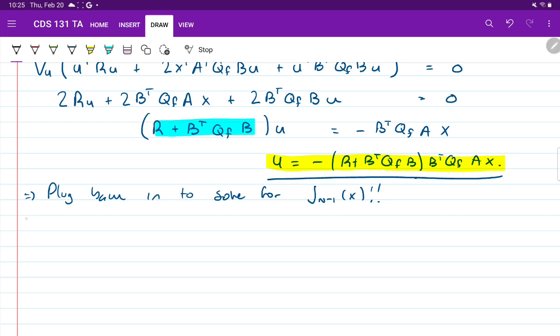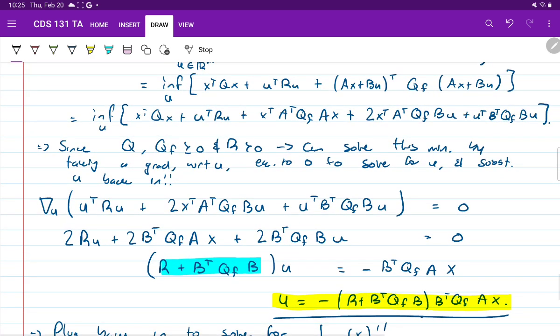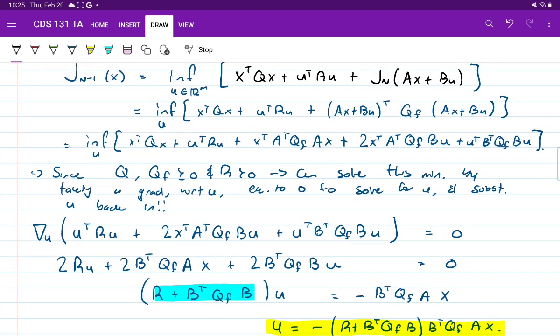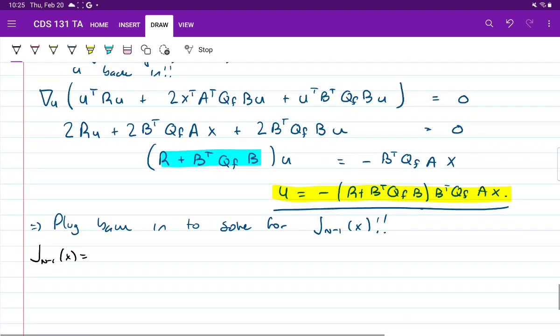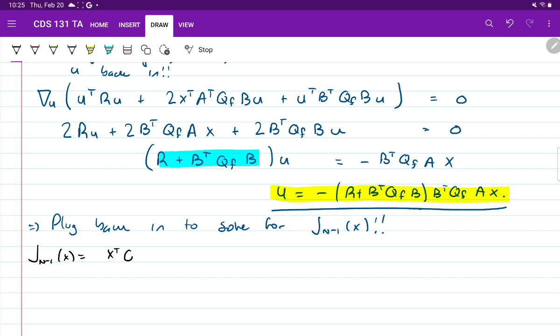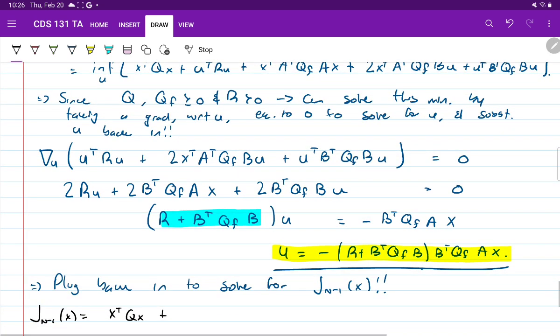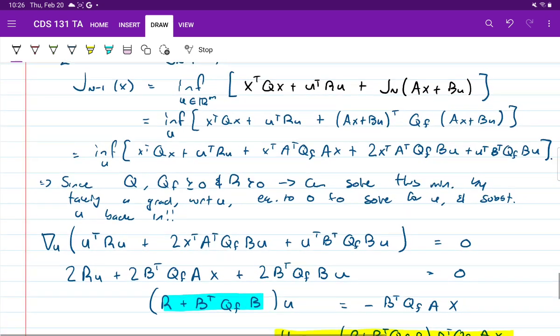So I should have J n minus 1 of x equal to this infimum with u plugged in, right? So if I go ahead and solve this, what do I see? Well, I'll get an x transpose Qx plus, just for convenience, I'm going to call this big matrix in front of x, I'll just call it K, all right?